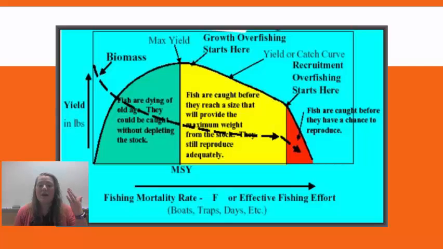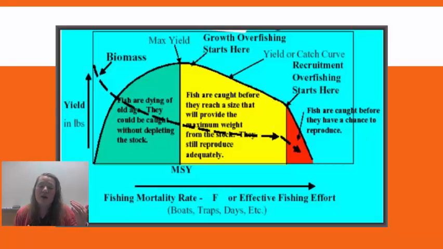On the left-hand side of that graph where it's green, our fish are dying of old age. So we could potentially be catching more fish without really depleting the overall stock. The goal is to catch them before they reach old age, but not so fast that we are catching them before they reproduce. So we want to be in that yellow range where we're catching them right at that sweet spot.